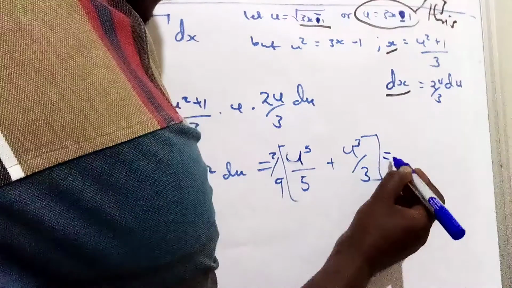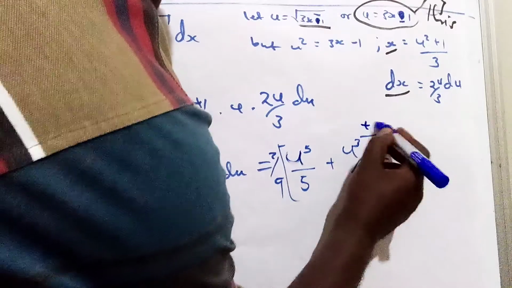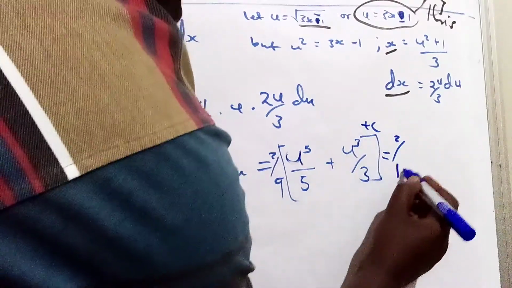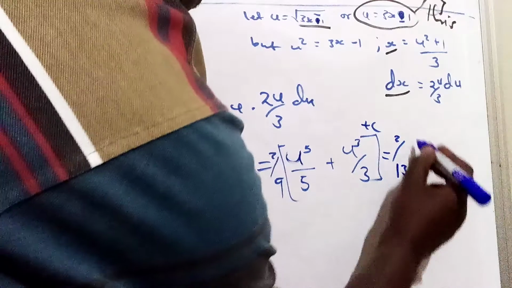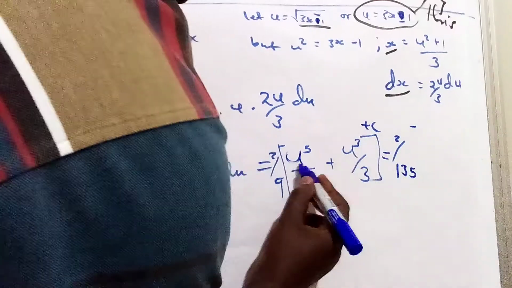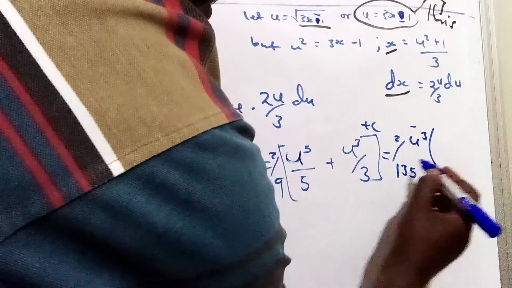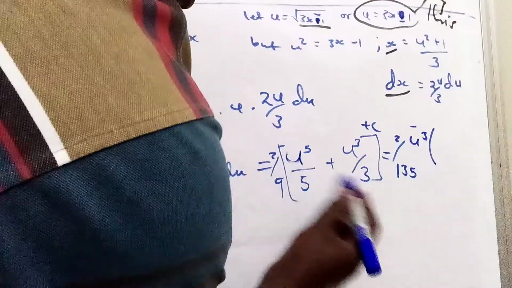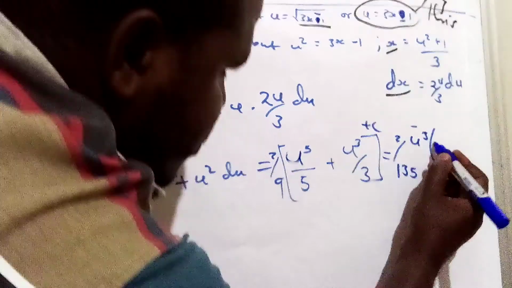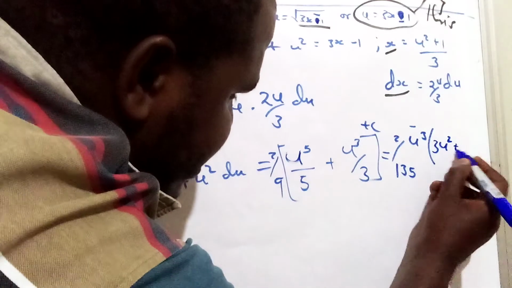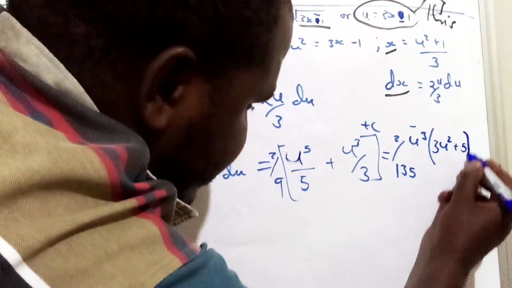So this is 2, oh, don't forget your constants. 2 over 135. This is u cubed, is common, u cubed into 3u squared plus 5.